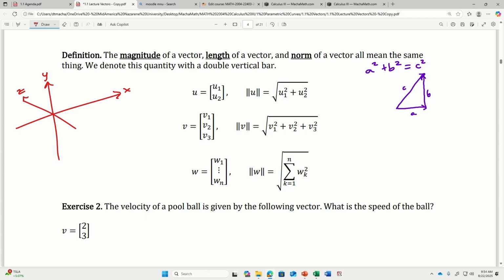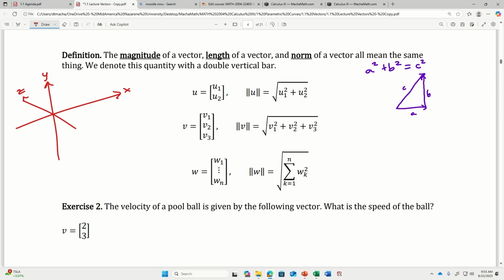So imagine you flatten this three-dimensional vector against the xy plane. Well, now you can take the Pythagorean theorem formula with the x-coordinate and the y-coordinate, and calculate the length of that projection on the xy plane. Then, between that projection and the z-coordinate, you can create another right triangle and apply the Pythagorean theorem a second time to get the true length of the vector in space.